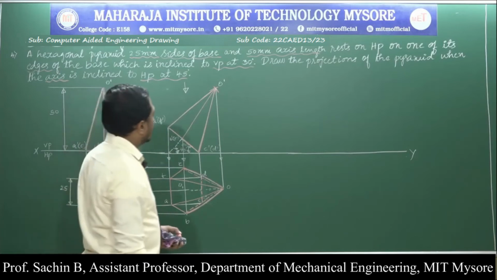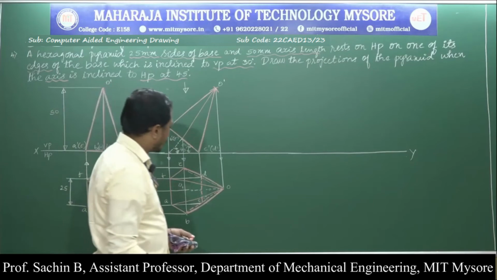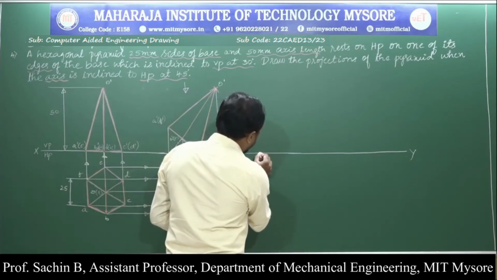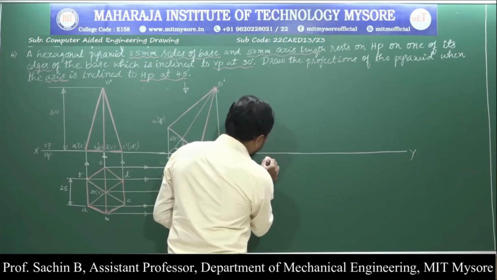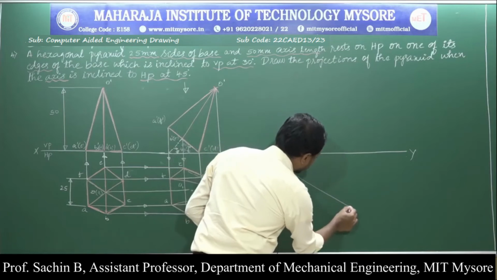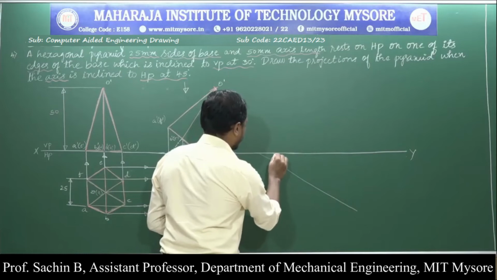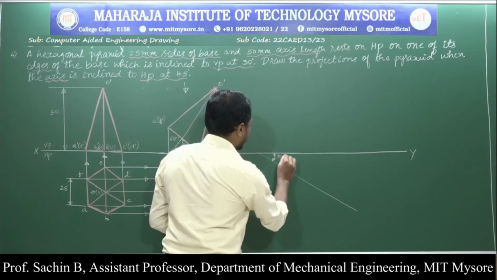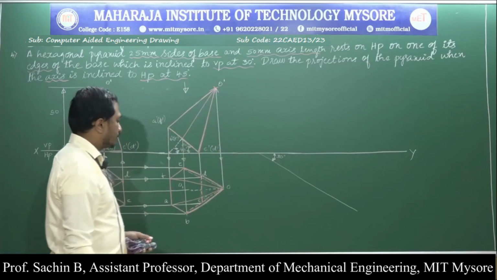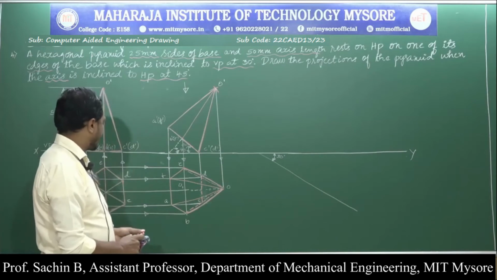Based on that, the resting inclination with VP they have given is an angle of 30 degree. Now I'll go for drawing a thin inclined line at an angle of 30 degree. Now I'll come to the C to D point, the resting edge.